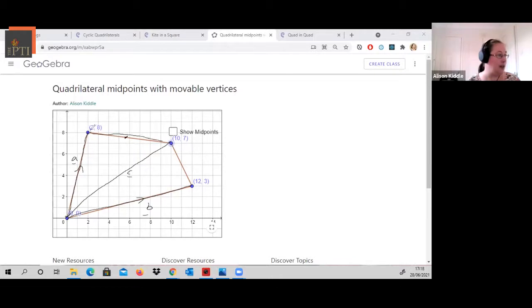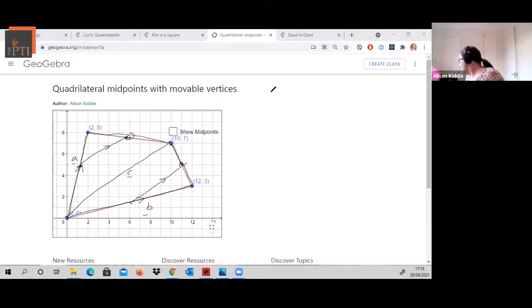I can work out this vector and this vector in terms of A, B, and C, and then I can work out the midpoints in terms of vectors, and then I can use what I know about parallel vectors to show that this vector and this vector are in fact the same vector. So vectors is one of those topics that students are often a little bit resistant to when it's first introduced, but there are certain coordinate geometry problems like this where using vectors makes it fall out really quite nicely.